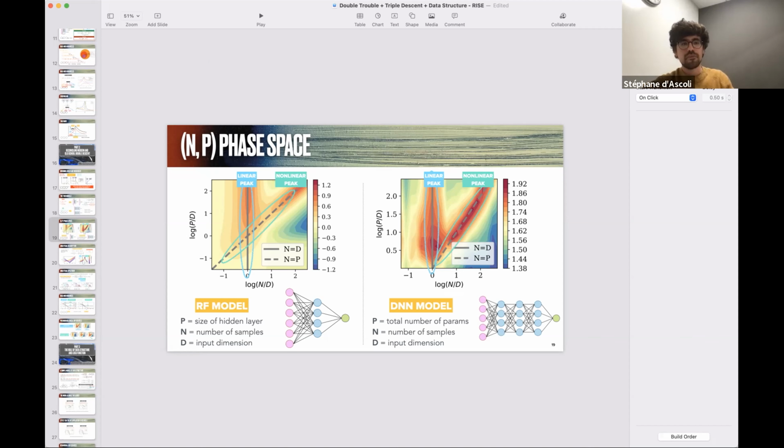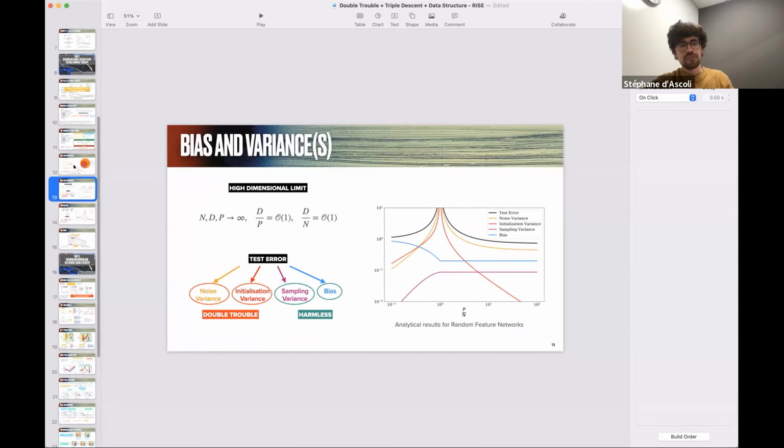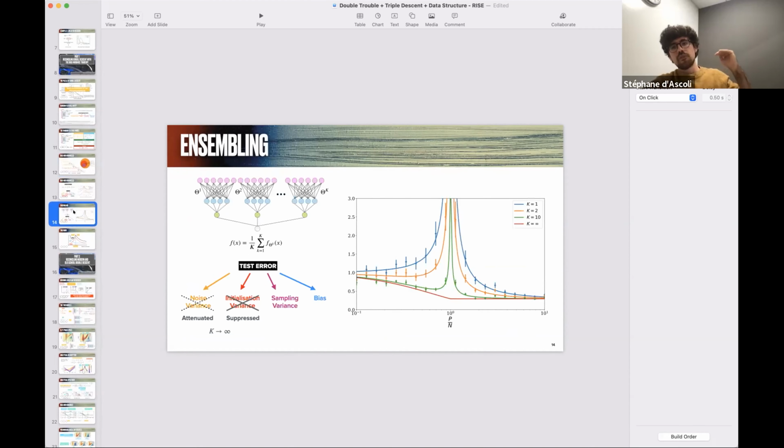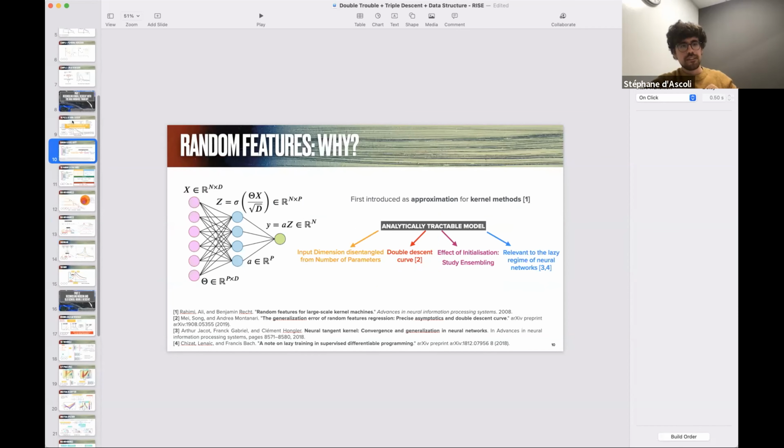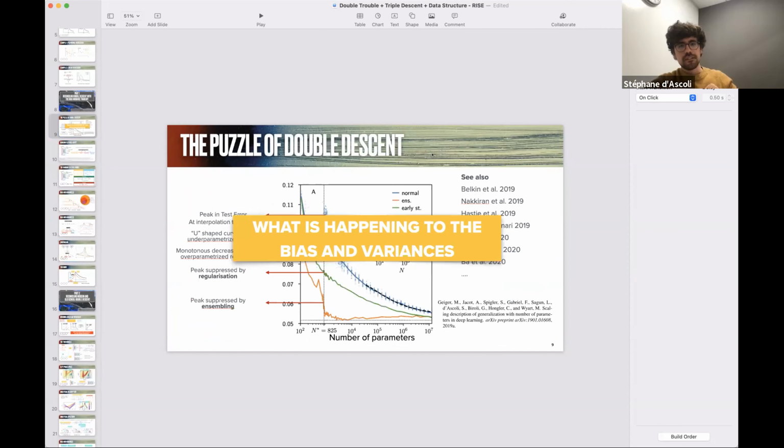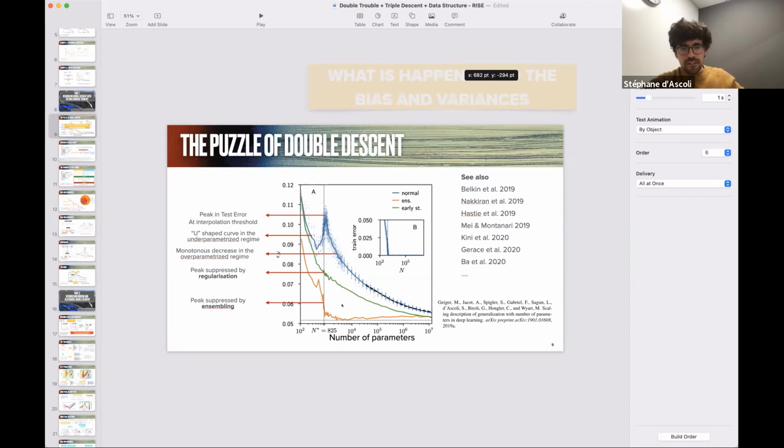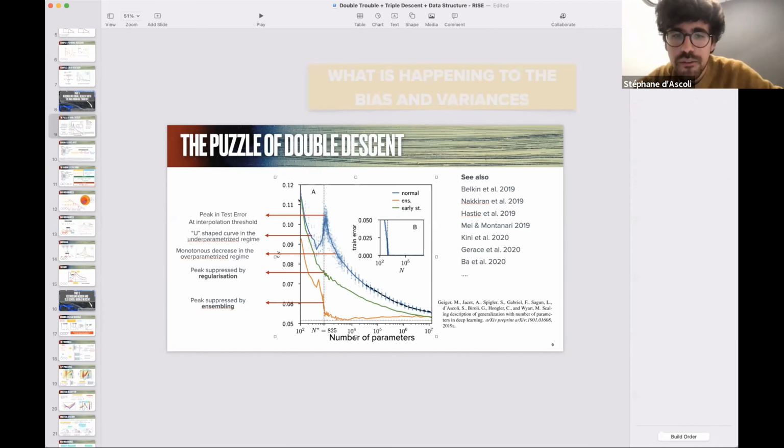However, one thing that is very important is what you see in the first part of this talk, where I discussed the fact that once you do ensembling, well, let me find the correct slide. It's this one here. What's really important is this curve, where you have the blue curve, which is for a single model, and the orange curve, which is for 20 models ensembled together.